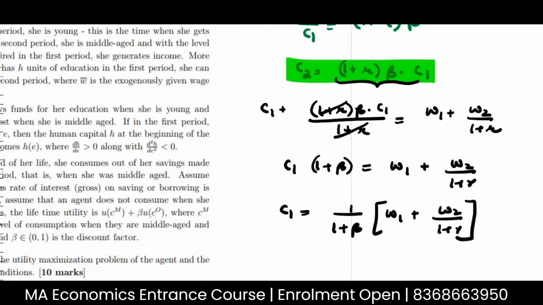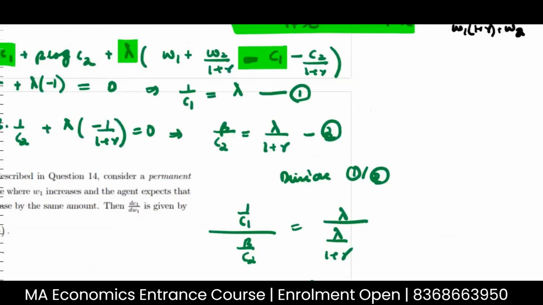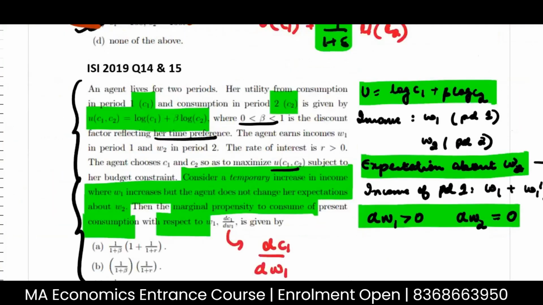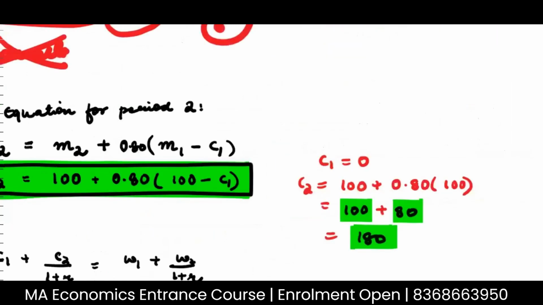One more thing here, just to save time in the exam. You have to try and link the two things together. We have already done the utility functions in detail. Now, if you look at this utility function, my utility function is log C1 plus beta log C2.